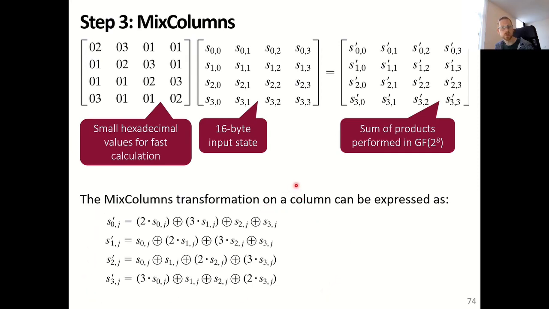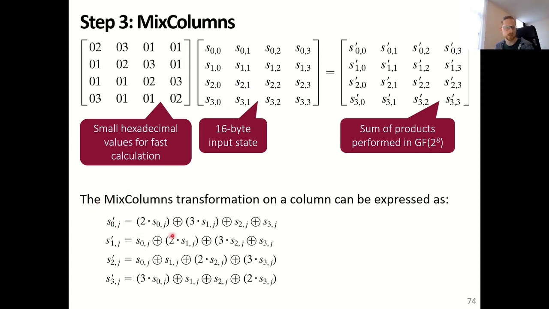So the matrix multiplication, if you recall, the first element on the first row and first column is calculated by taking the first element of the first matrix on the first row and column, multiplying it by S0,0, then taking the element on the first row, second column, multiplying it by the element of the first column but second row, adding the multiplication of the third element on the first row with the third element of the first column, and finally adding the element on the fourth position of the first row and multiplying that with the element on the fourth position of the first column of the second matrix.